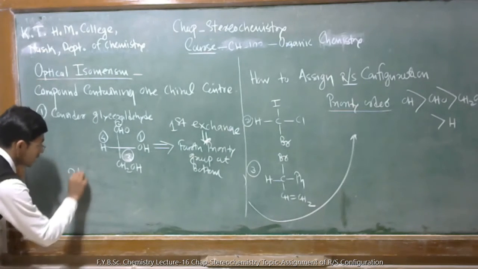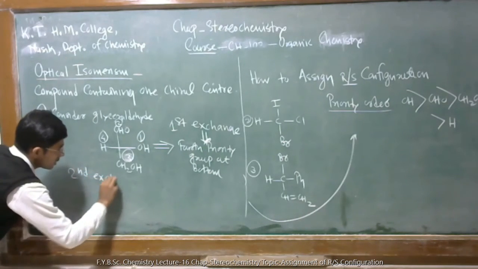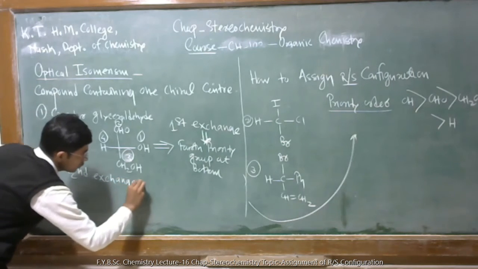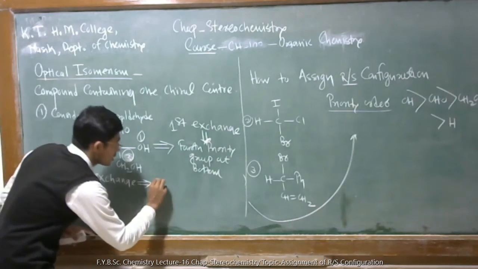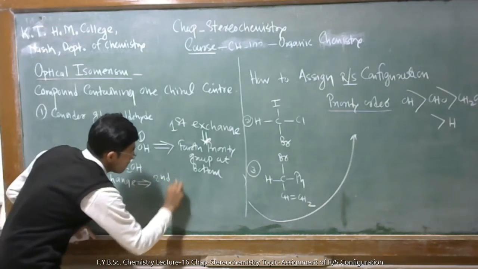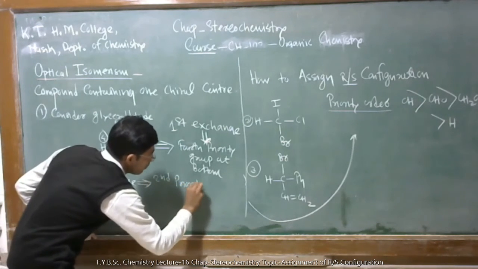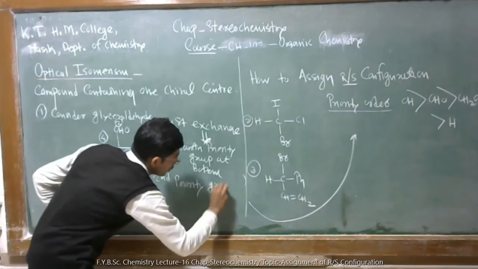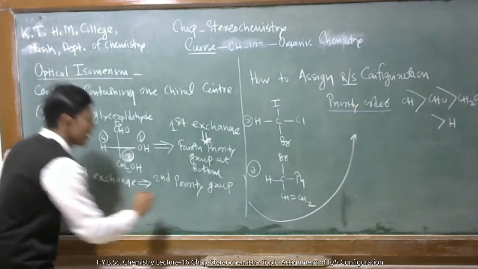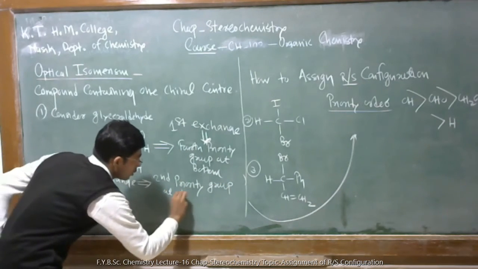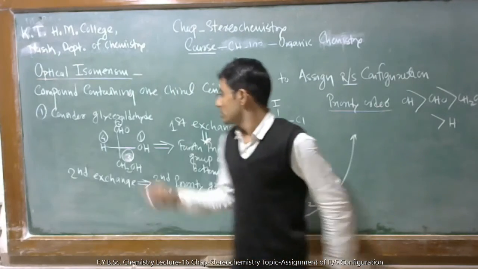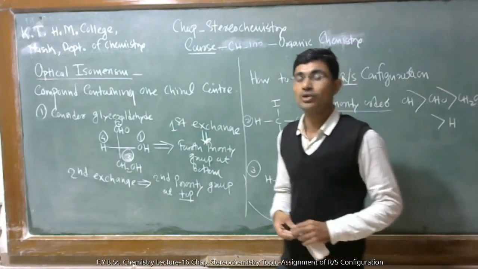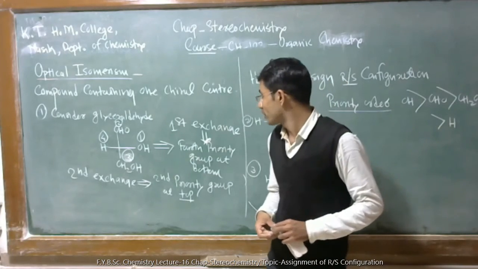In the second exchange, you have to arrange the groups in such a way that the second priority group is at the top. These two exchanges you have to perform while assigning the R and S configuration.